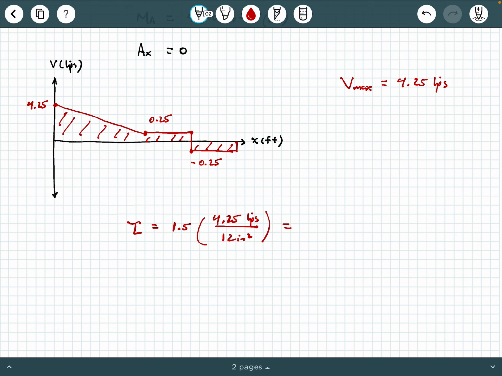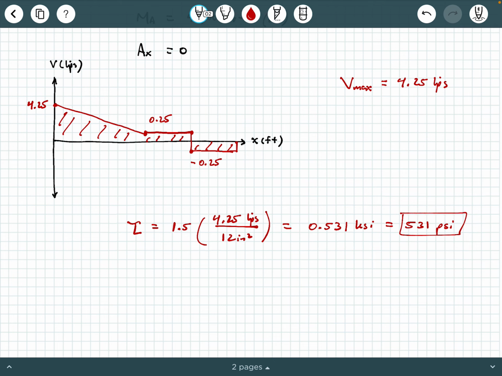That was our area. And we punch that through, and let's see what we get. 1.5 times 4.25 over 12. And so I get 0.531 KSI, or you could just as easily write 531 PSI. Either one is the correct answer.